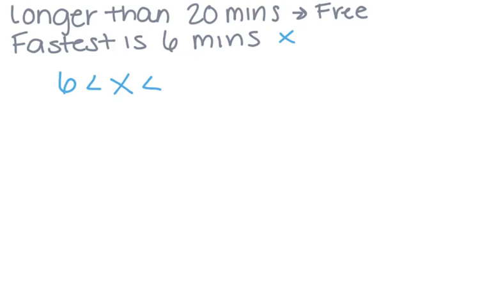And because the fastest is 6 minutes, 6 can be less than or equal to x. And then if it's longer than 20 minutes, it's free. So now we have 20 minutes, and x can be less than or equal to 20 minutes. So this is telling us that we have a span between 6 and 20.